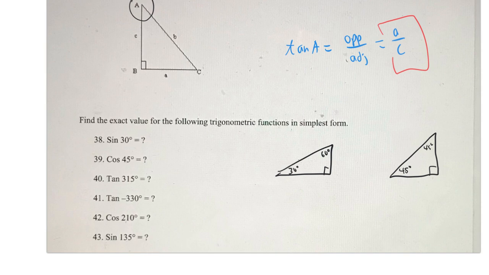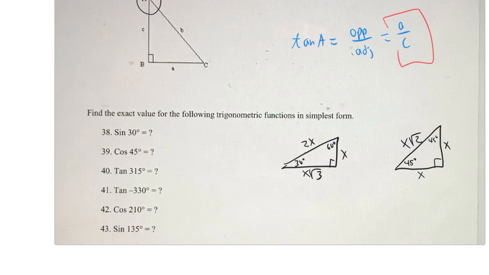Now, in the case of 30, 60, 90, if this is x, then the hypotenuse would be 2x, and this would be x root 3. In the case of 45, 45, 90, this could be called x, this could be called x, and this is x radical 2. I think that's going to be helpful for us for quite a few of these, or maybe even all of them.